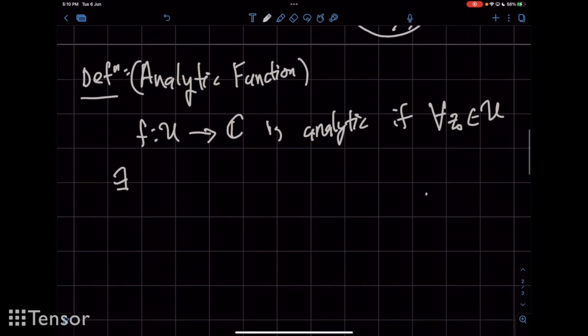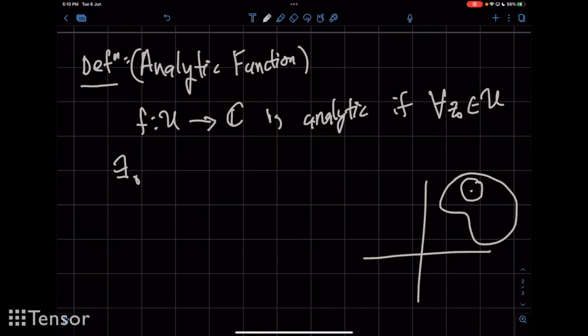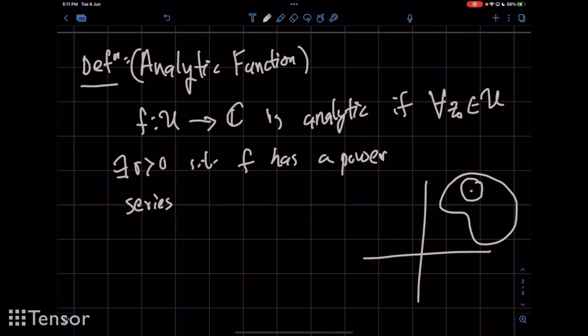That is, if this is my open set U and this is a point inside my open set, then I can find an open ball like this. There exists some R greater than 0 such that f has a power series in this open ball, the open ball centered at z0 with radius R. Okay, so this is how we are defining an analytic function.